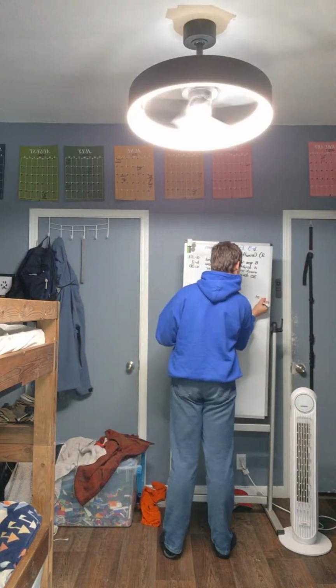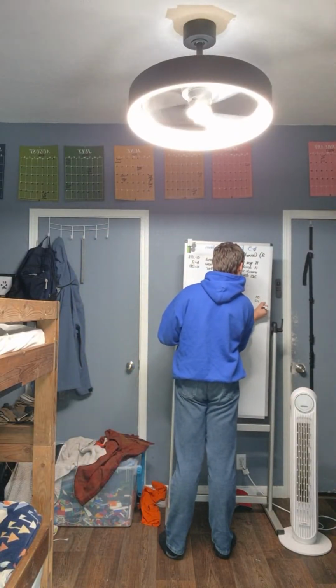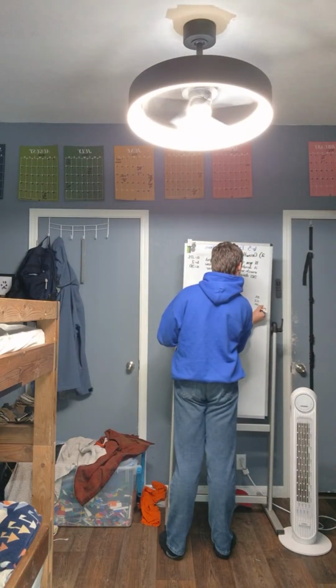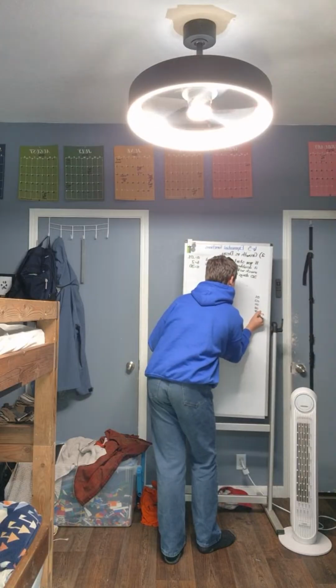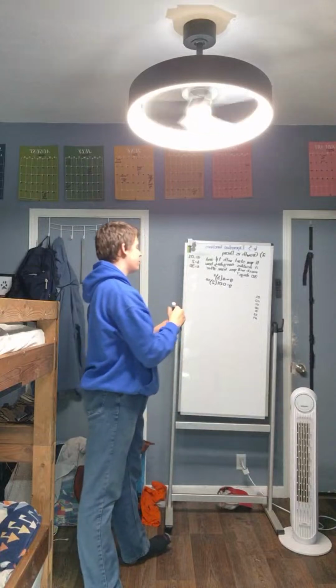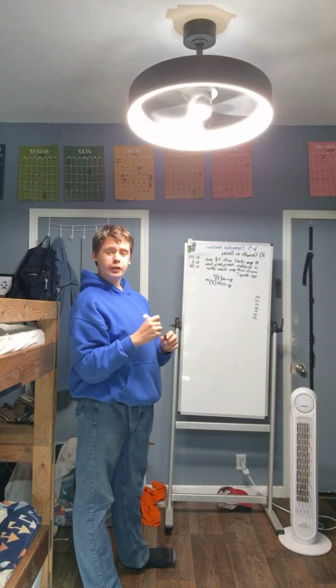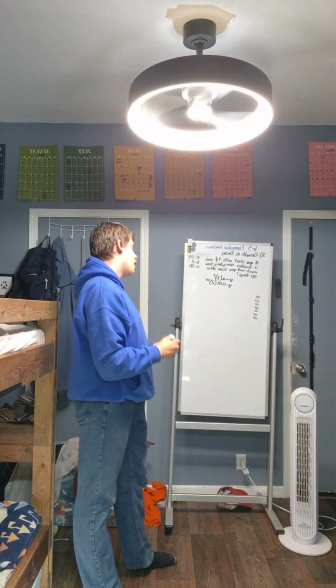So you'll do 0.02, then 0.04, then 0.08, then 0.16, then 0.32, then 0.64. Okay, so you earn $0.64 in a week.